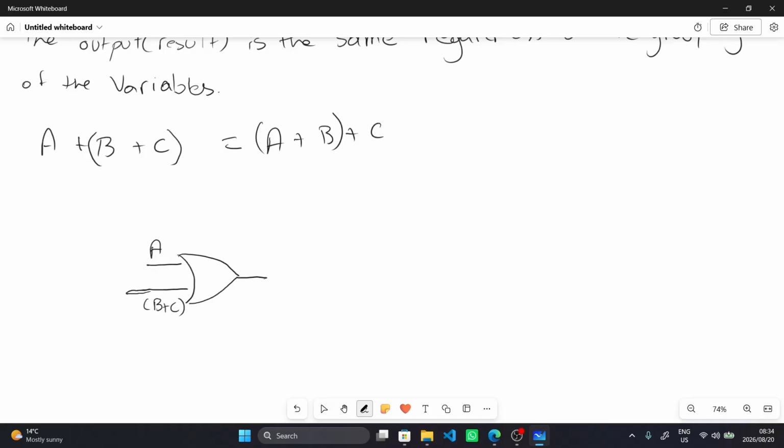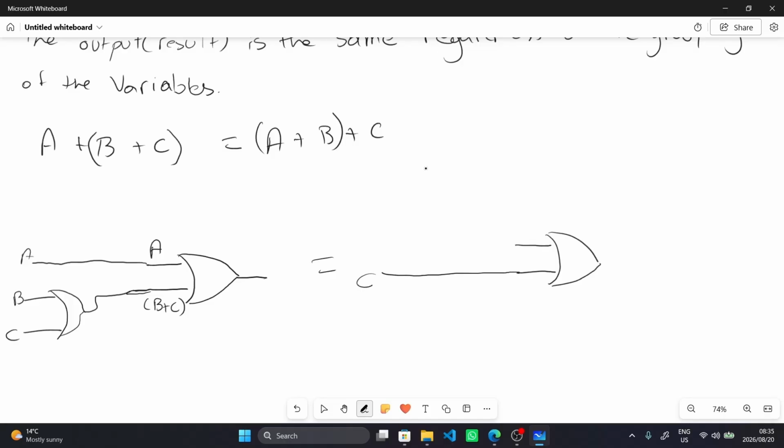Then we move into this bracket, B plus C. So that is our A input, then we'll have our B plus C input. Similarly, we do the same here, working our way back. We have one addition here, that's our OR gate, and that is C. Then you have these two addition, A plus B.